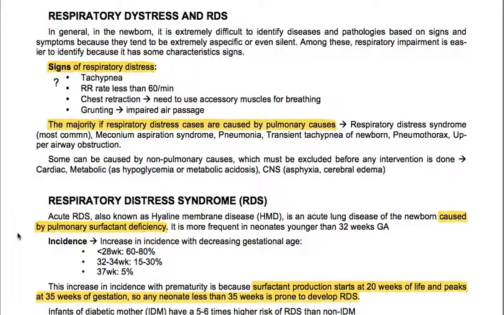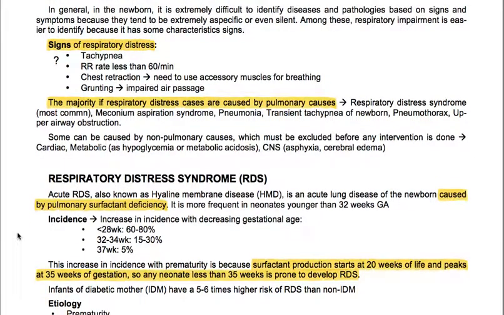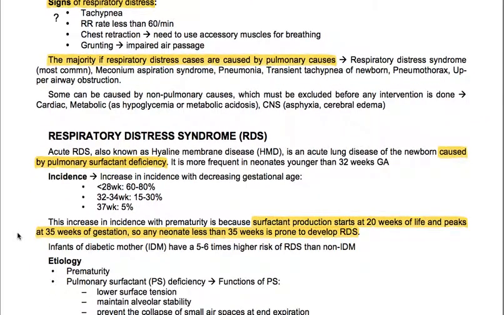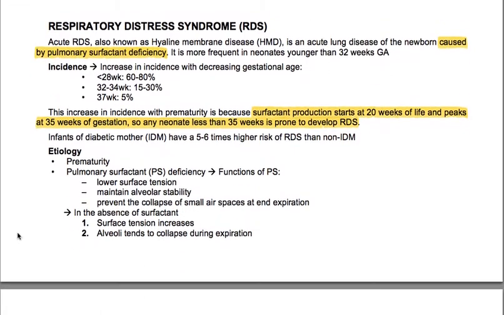So any neonate less than 35 weeks is prone to develop RDS. Infants of diabetic mothers have a 5 to 6 times higher risk of respiratory distress syndrome than non-infants of diabetic mothers.